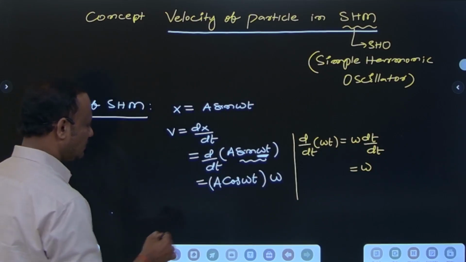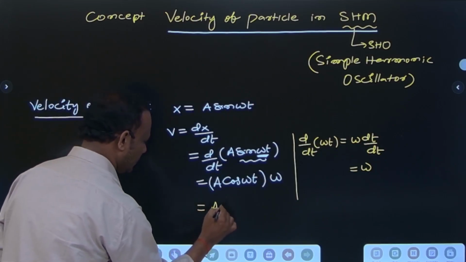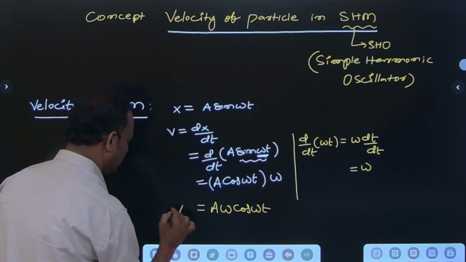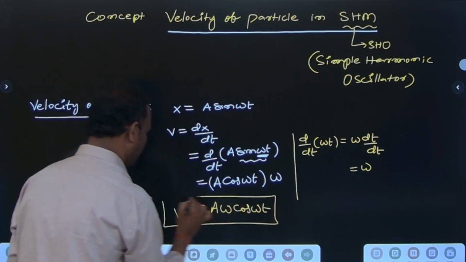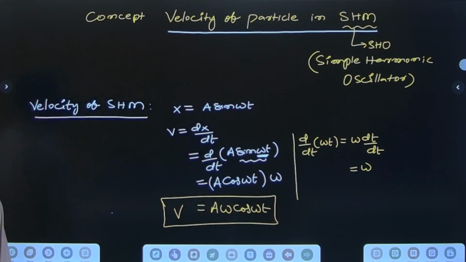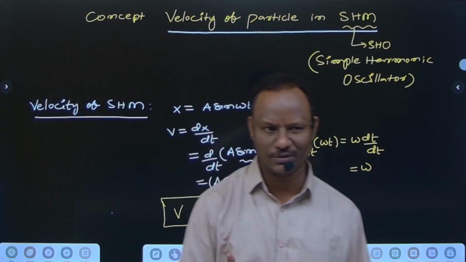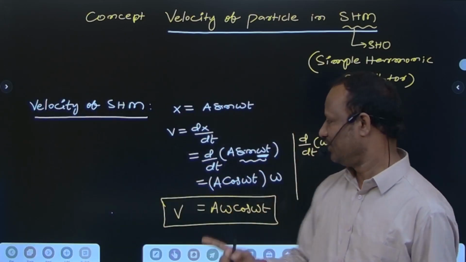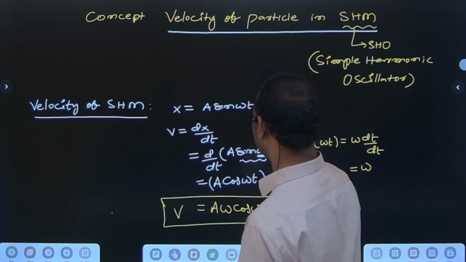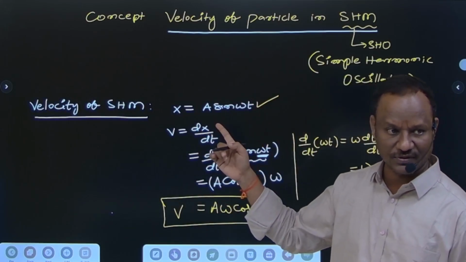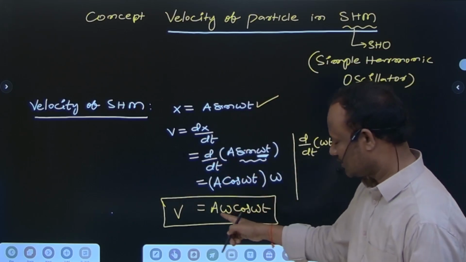So this is equal to A omega cos omega t, the velocity of particle in SHO. Sir, cos function there, no? The particle started from mean position, no? From where you got this? This is your condition. Sine means the particle started from mean, so this is also from mean only.